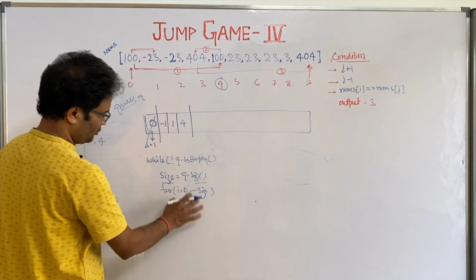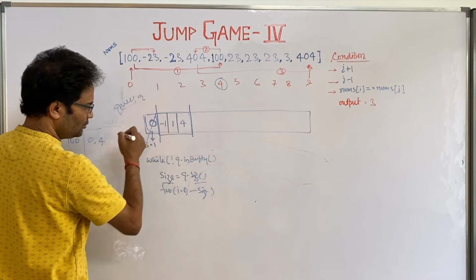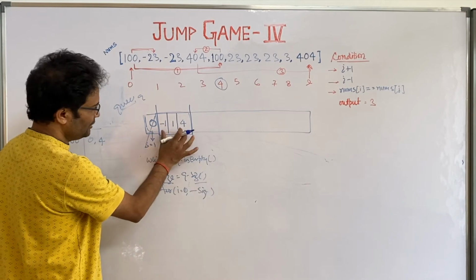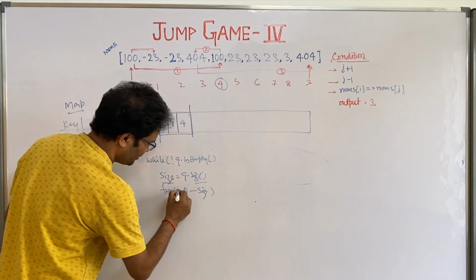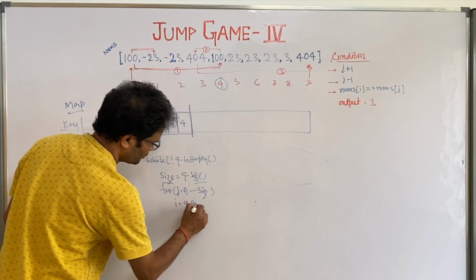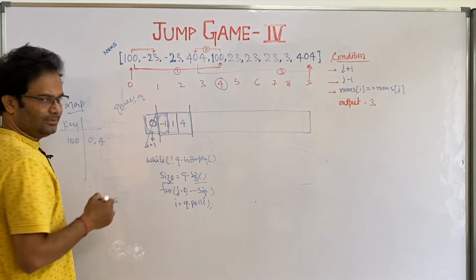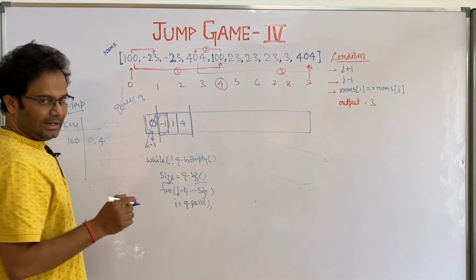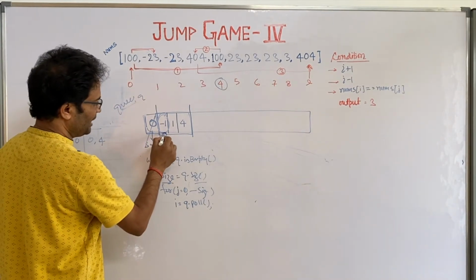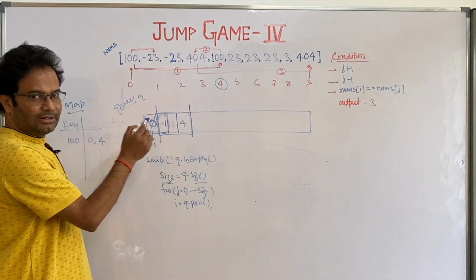So first and foremost, take the size of the queue, then run one loop from here to here, or for the time being take this as j, and I take i from the queue, taking the first data of the queue. So this time i will have the -1, and as I showed in the graph, you have to find out 3 things. The value, what is the value here.